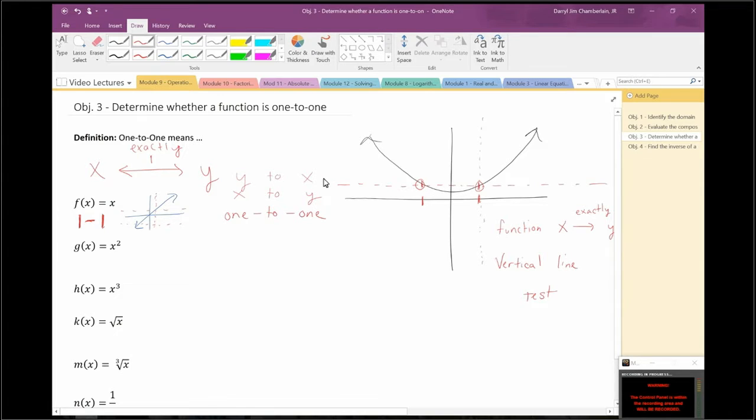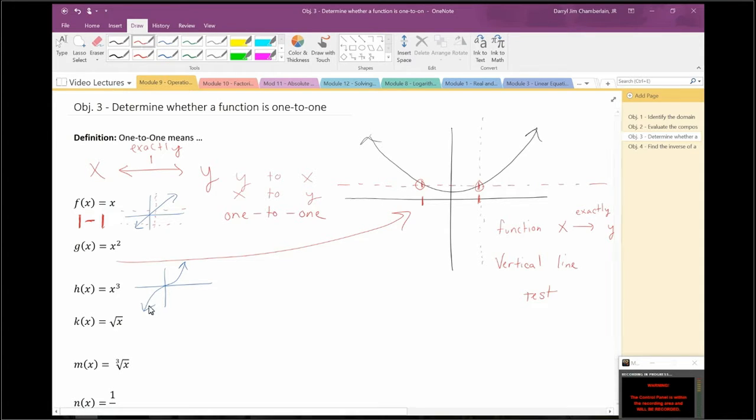So we've already looked at x squared. It is a function, but it is not one-to-one because it fails the horizontal line test. And it fails it miserably. It fails it all over the place. Now x cubed we know looks like this.